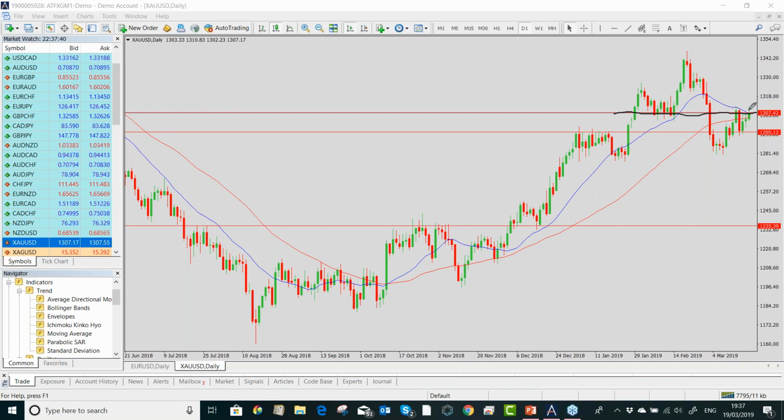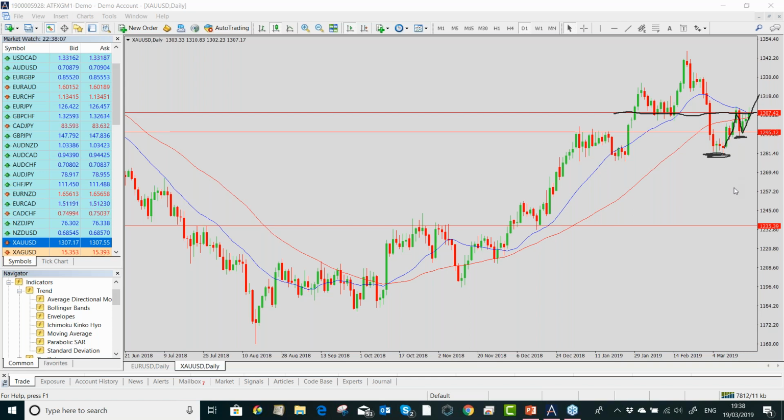And perhaps we want to buy when price breaks above this level of resistance with a sensible place for the stop loss. The safest place would be at the lows here. But we could also have a stop loss at the lows here, because this is another place where prices come down, and then we're anticipating price moving up from here.